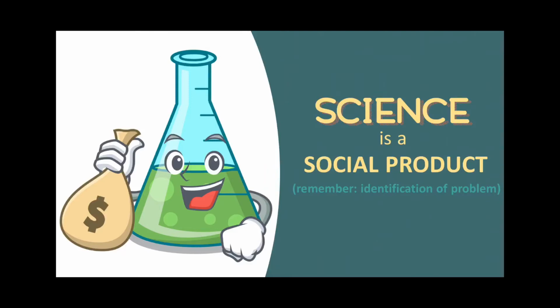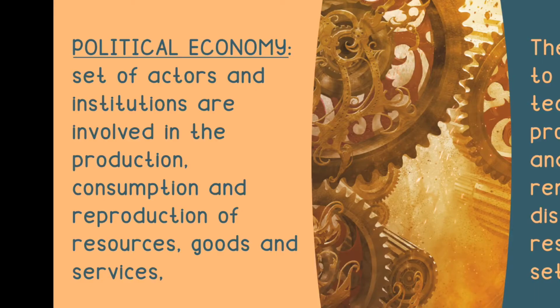So the production of science and technology in a society is socially influenced. The way science is produced, the way science is made accessible to people, the way that science is consumed, they're all socially influenced. Now, there is such a thing we call the political economy of science.